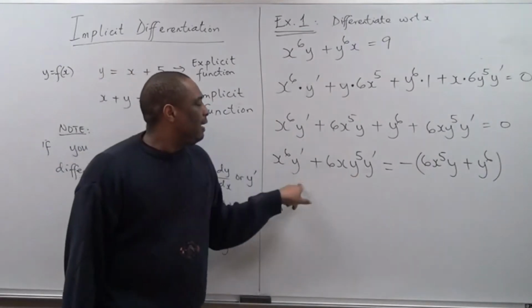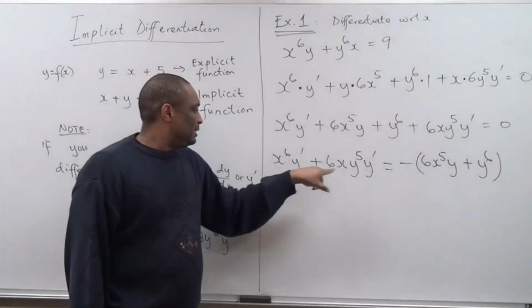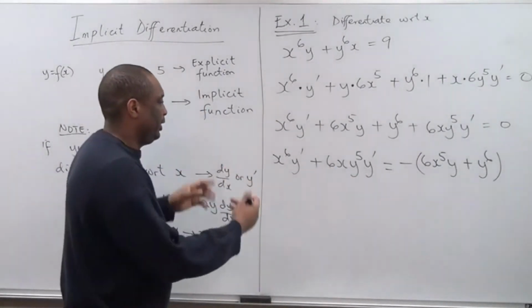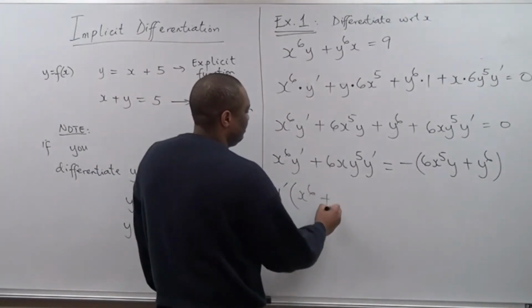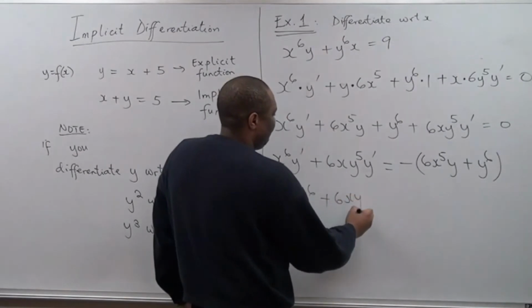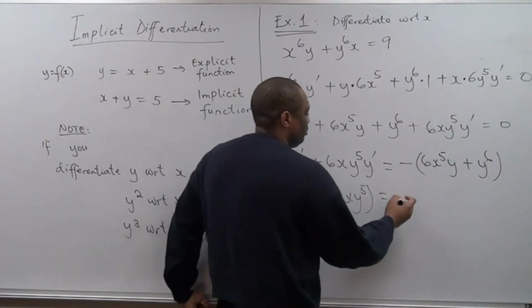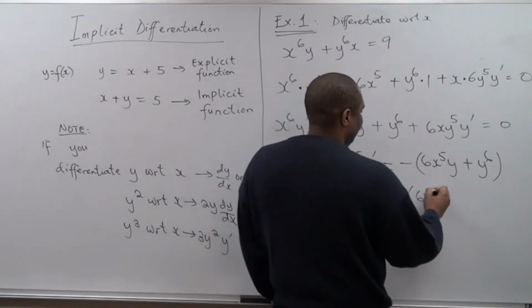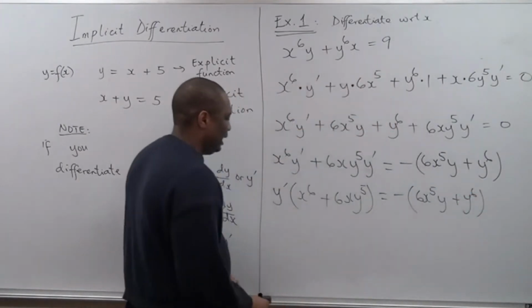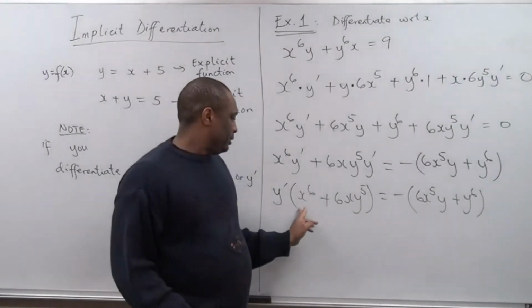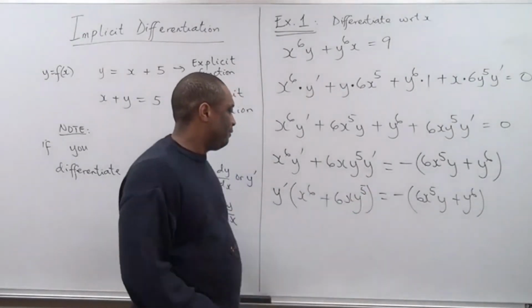So you now find that y prime is similar in both cases. So bring out y prime. So this is y prime into x^6 plus 6x y^5 equal to negative 6x^5 y plus y^6. And then you divide both sides by x^6 plus 6x y^5.